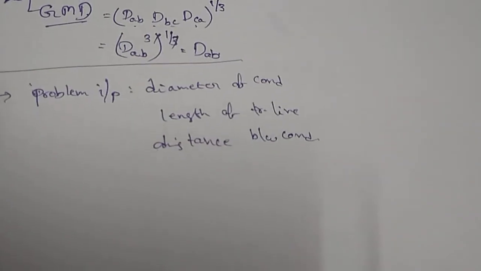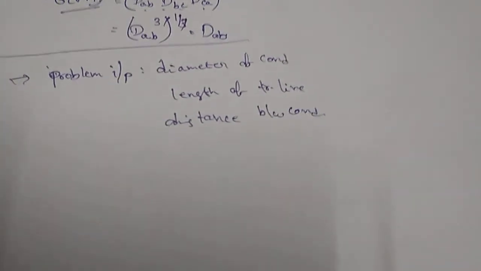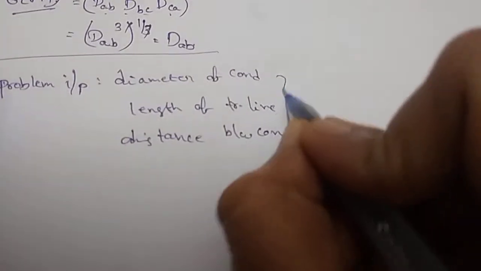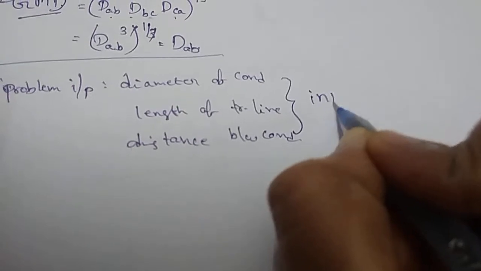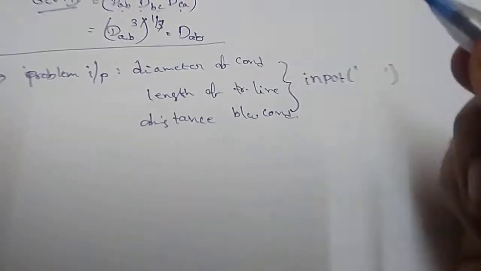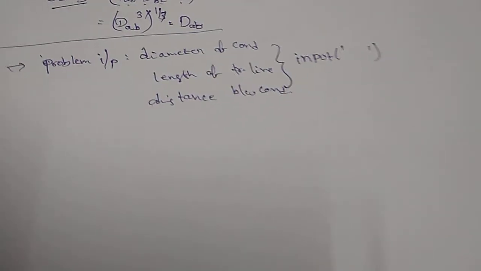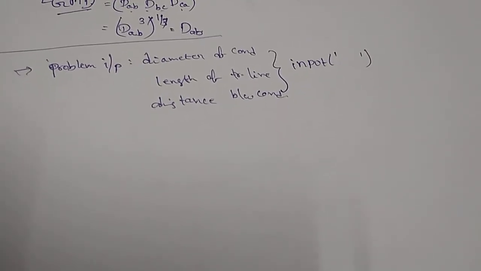So already with our previous knowledge of MATLAB, we use the input function, and we assign this one to a particular variable, for D, L and distance capital D you can mention. Please remember one point.